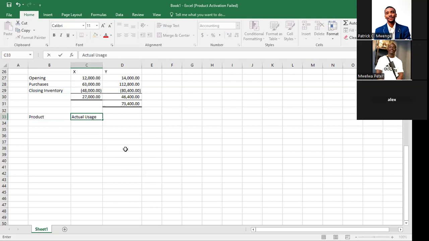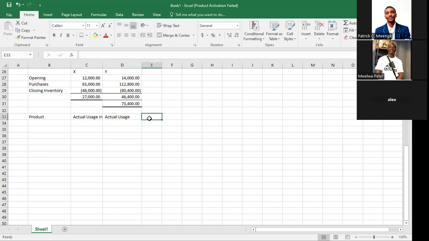It doesn't really matter whether you start with that or there, but you just have to identify. So you can say actual usage in budgeted quantity, and then this one we can say the actual usage, or the opposite, it doesn't really matter.